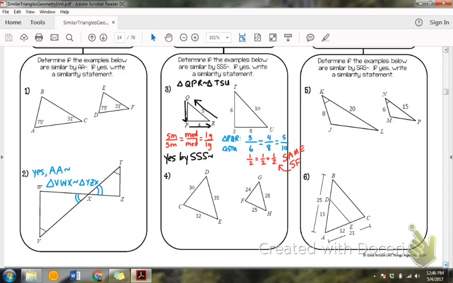All right, why don't you try number 4 on your own? Set them up small, medium, large.